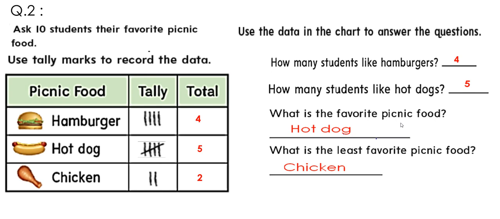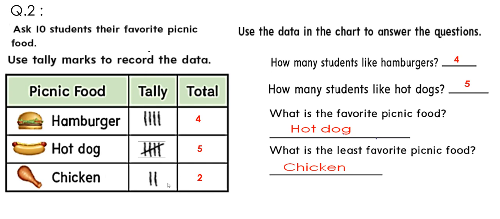The favorite means the one that got the most votes, which was hot dog with 5. And the least favorite, which means the one that they don't really like, was chicken. Why chicken? Because it has the least number of votes. The smaller number was for chicken.